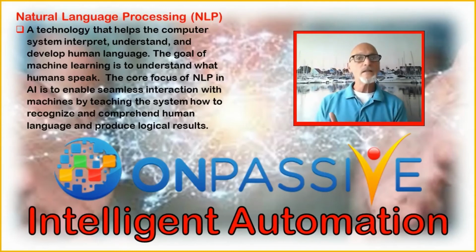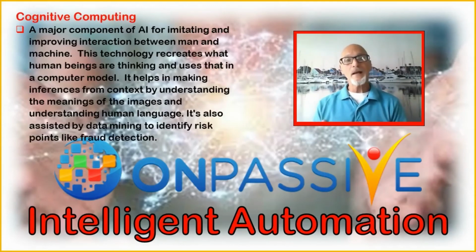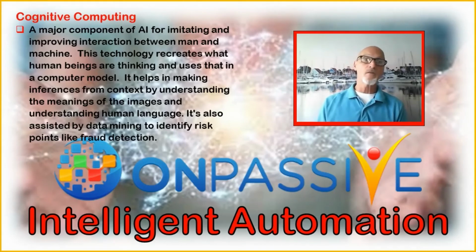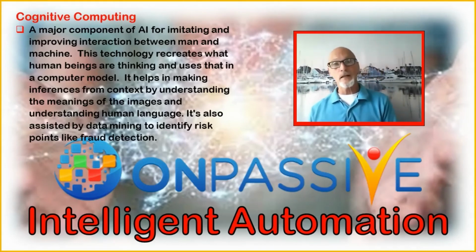And there's also cognitive computing. Now, this is a major component of AI, and it's for imitating and improving interaction between man and machine. This technology recreates what human beings are thinking and uses that in a computer model. It helps in making inferences from context by understanding the meanings of the images and understanding human language.